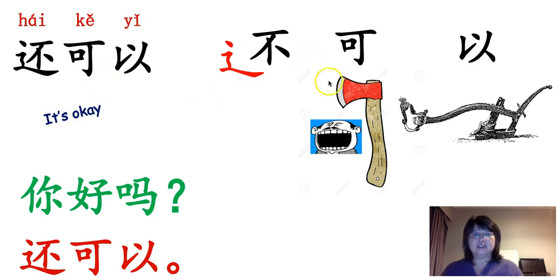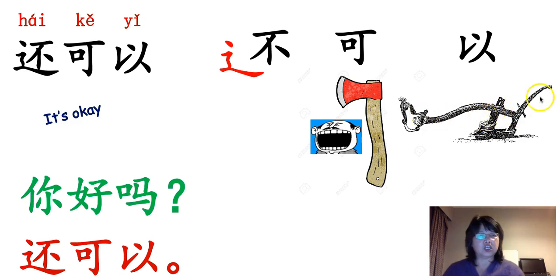可, see this 可 is like an X, and underneath is a mouth. So the mouth is the person giving a command to get some work done. We use the X maybe to chop the wood or do some work. And 以 originally was like an ancient Chinese plow to soften the soil.